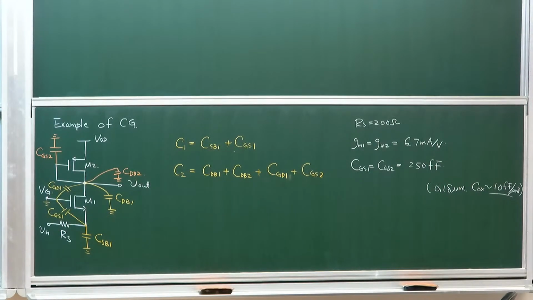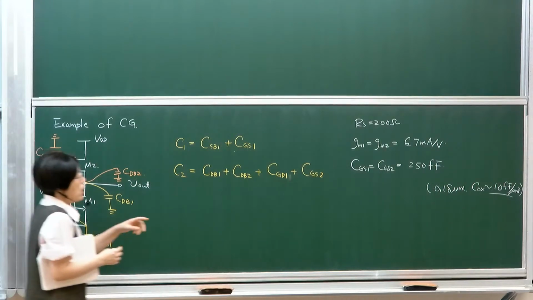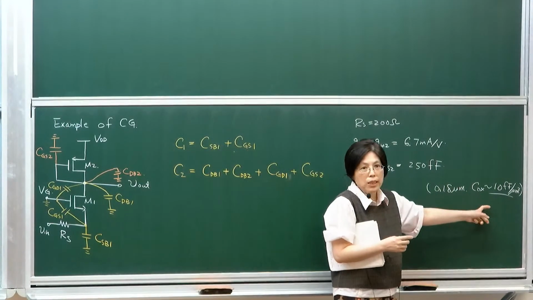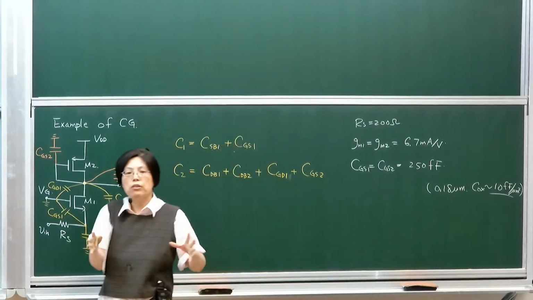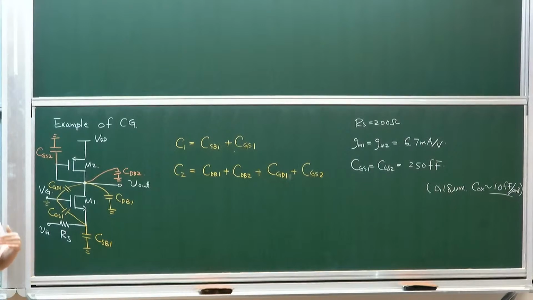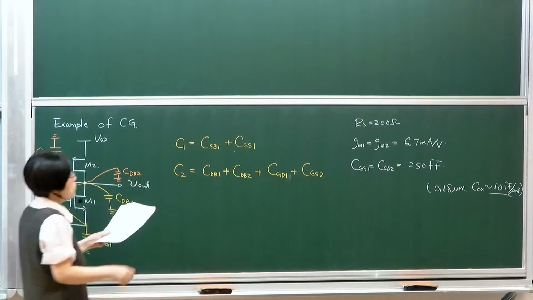If you ever break down a motherboard of your computer, you see those big capacitances, in the unit of microfarad or millifarad. These are large passive devices. But parasitic capacitances are typically in the range of femtofarad. If you want to make them into picofarad, you need large area to sustain these large capacitances. So picofarads, you have to deliberately make them. Parasitic capacitance is typically less than 1 picofarad. Okay? So just to give you a sense.